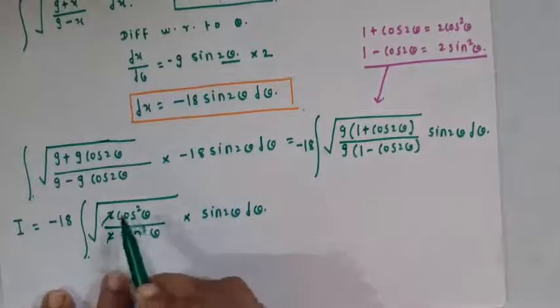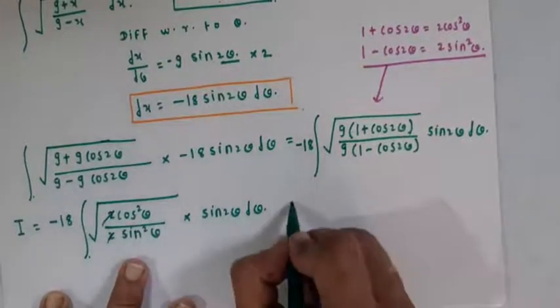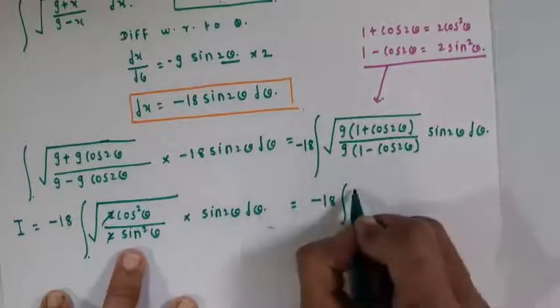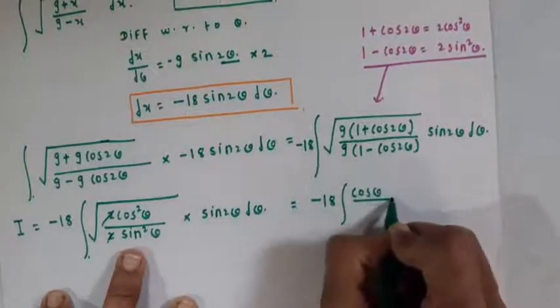Okay students, the square root of cos square upon sin square we can take outside the square root, that is cos theta upon sin theta.